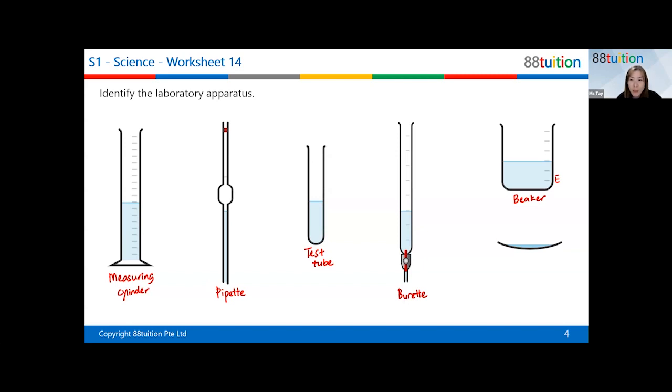Actually, to be very precise, it's not called the evaporating dish. Evaporating dish is very curved. In your textbook, I think it's probably called the crucible, if I'm not wrong, because a student was telling me.